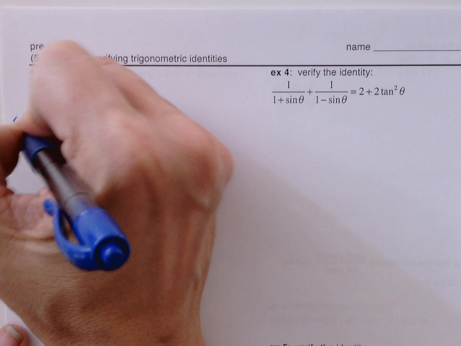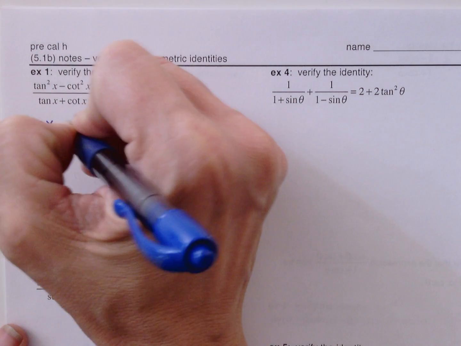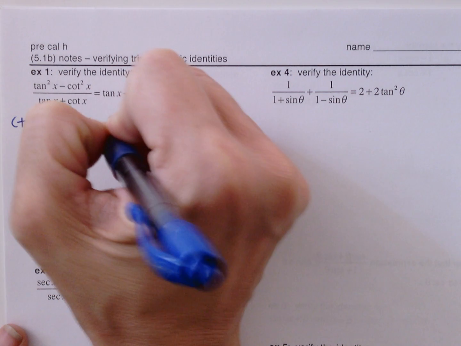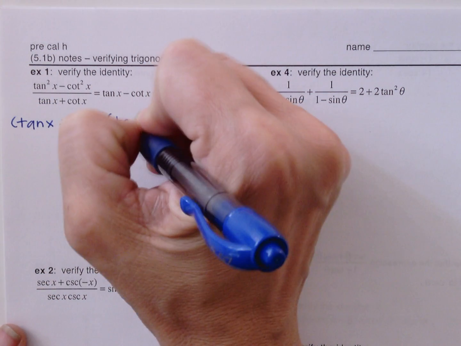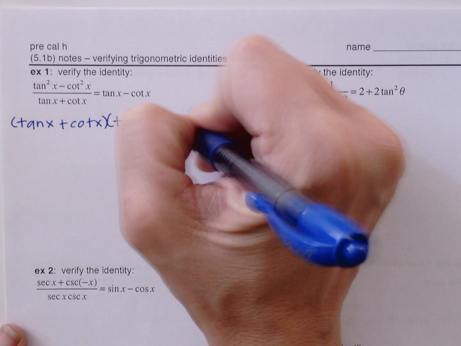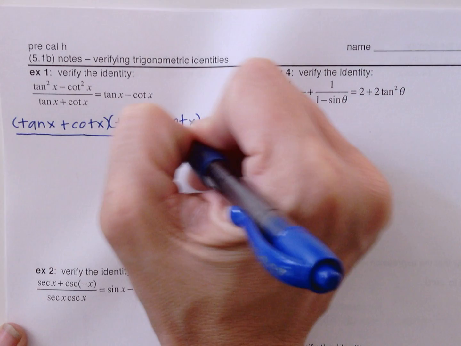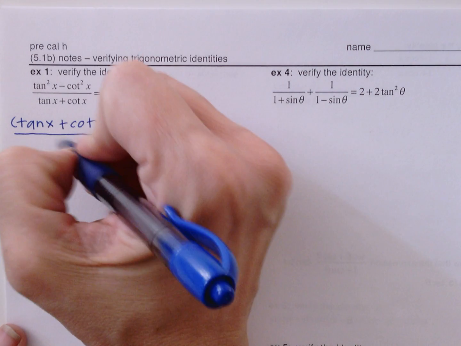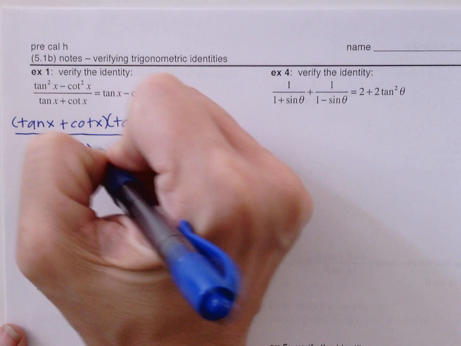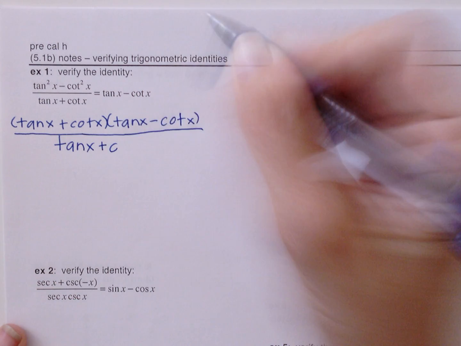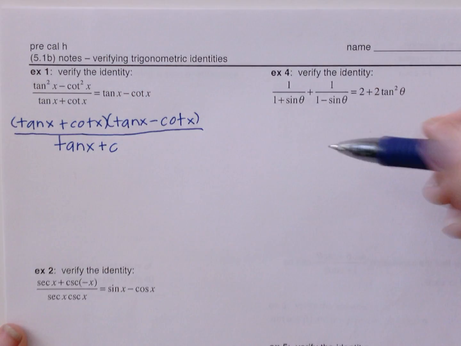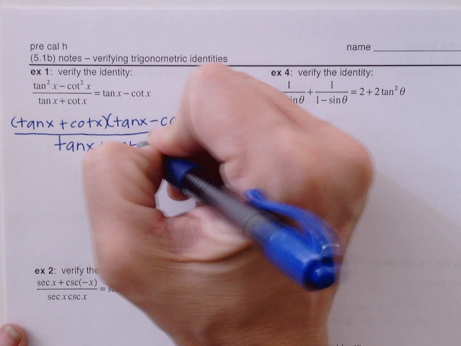So that would be tangent x plus cotangent x times tangent x minus cotangent x. And you can see you guys are given problems where pretty much everything can actually be verified. There is some way to go from the left side to the right side mathematically.